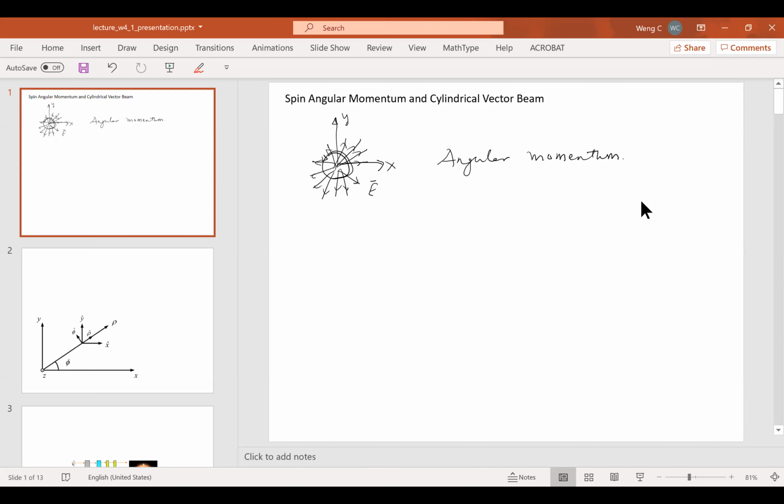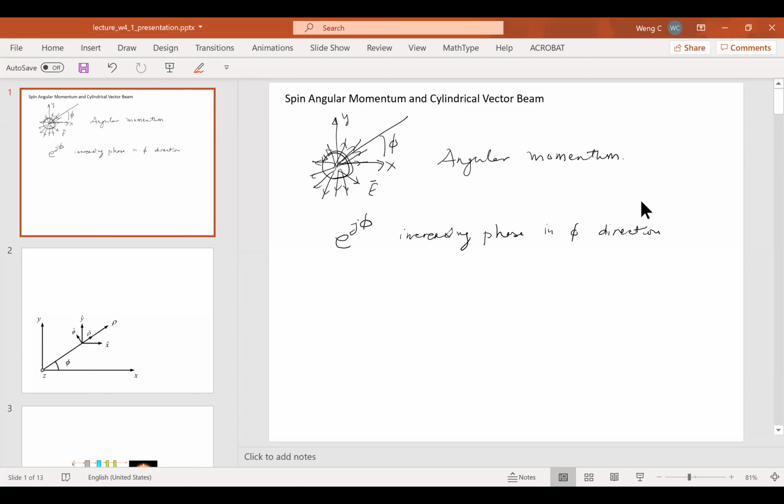The reason why it gives rise to angular momentum is because you can show that this wave behaves like this, where phi is the angle of the vector making with the x-axis. And you can show that this wave can be written as a wave with increasing phase in the phi direction.